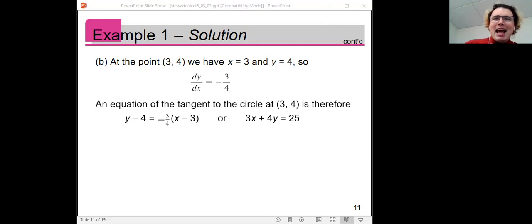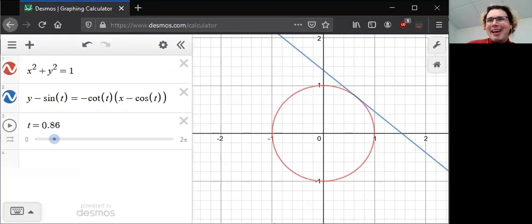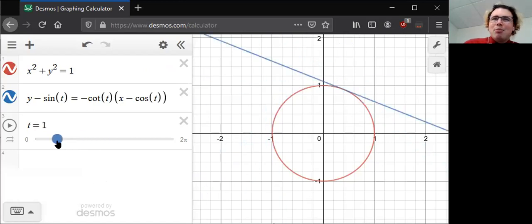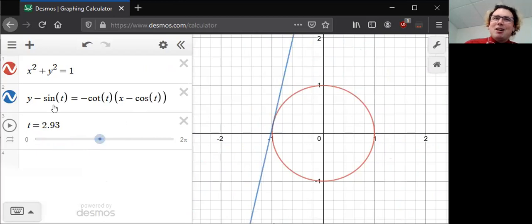And that is absolutely how I made this diagram in Desmos. So here the t parameter is telling me, well, the coordinate at t should be x equals cosine of t, y equals sine of t, and negative x divided by y in this case will be minus the cotangent.